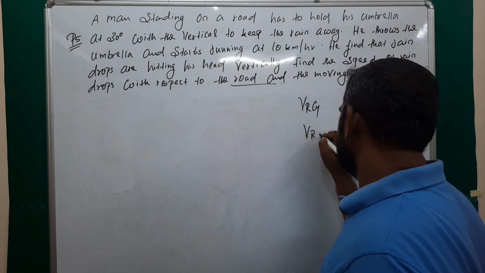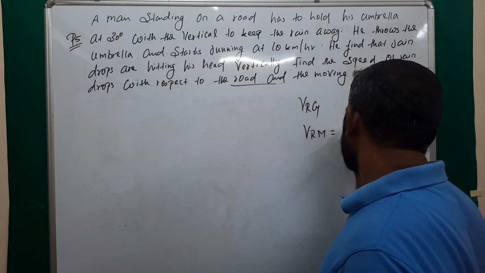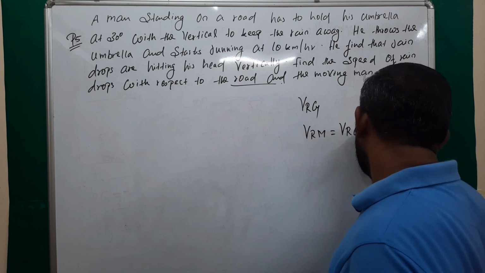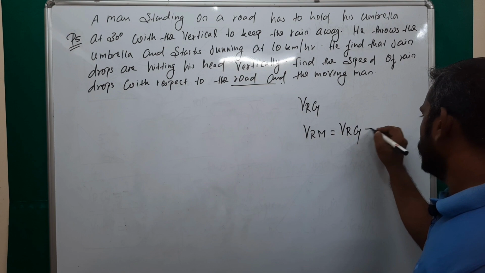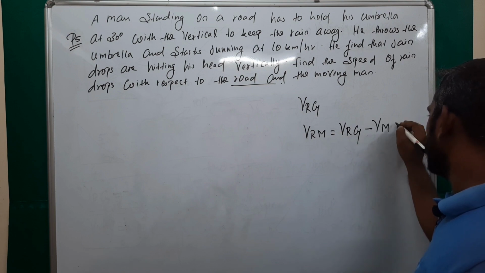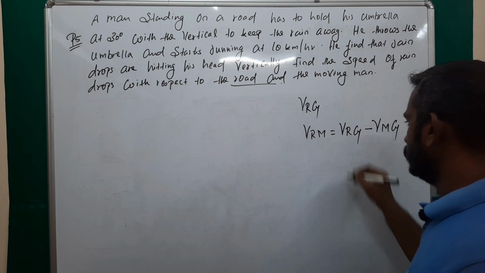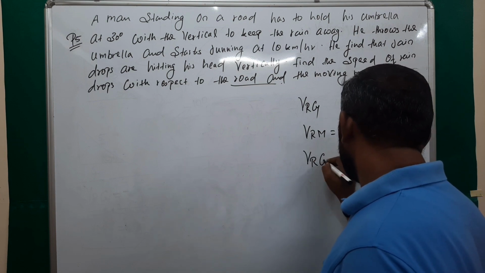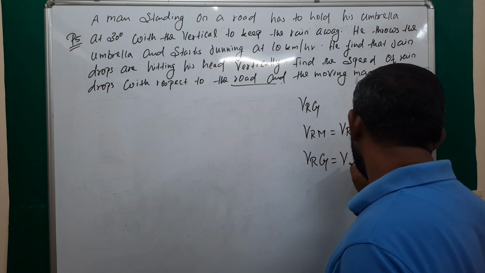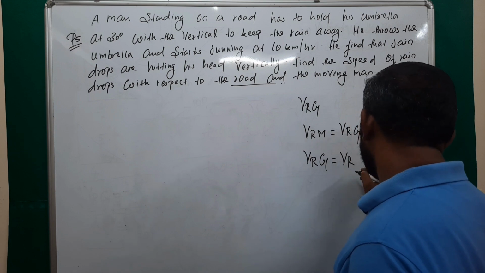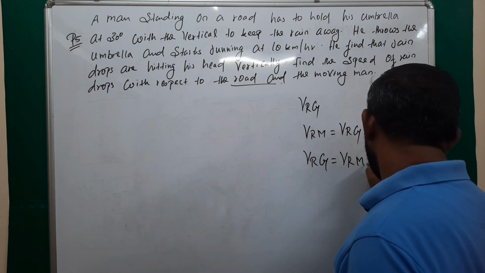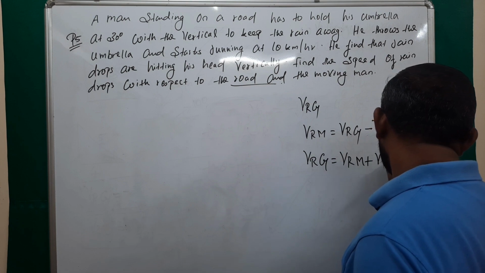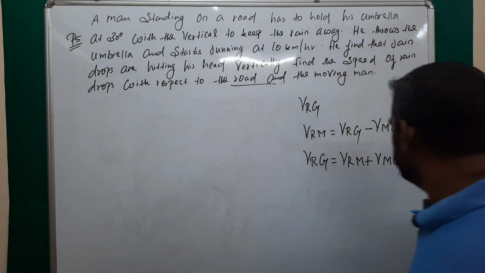Velocity of the rain with respect to the moving man is equal to velocity of the rain with respect to ground minus velocity of man with respect to ground. So from this formula, velocity of the rain with respect to ground is equal to velocity of the rain with respect to man plus velocity of the man with respect to ground.